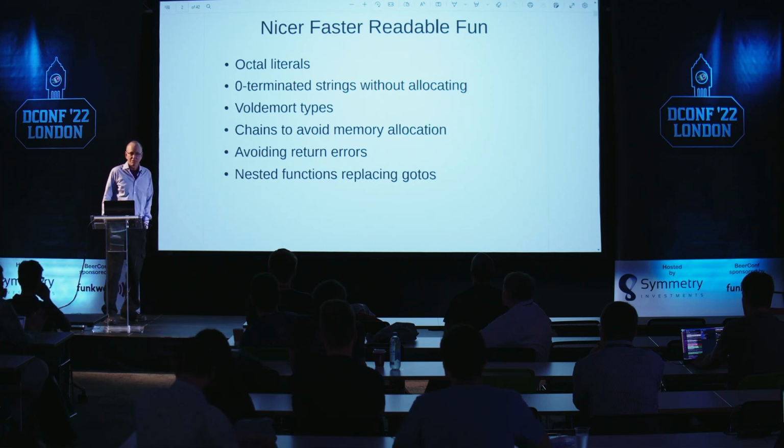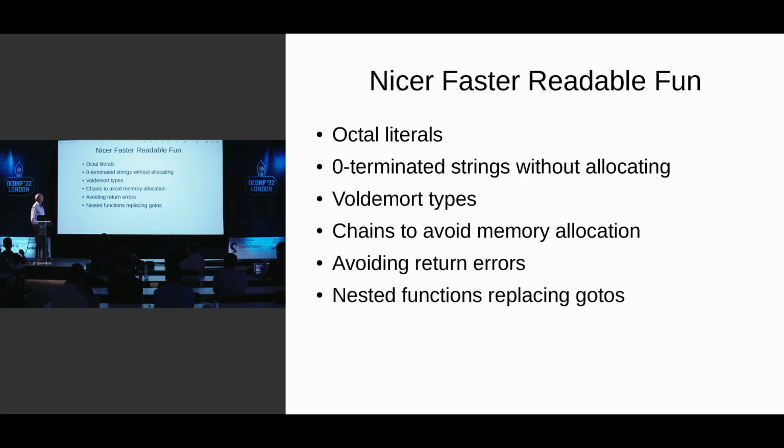So we have things like octal literals, how to do zero terminated strings without allocating any memory, which is fun. Voldemort types. Some of you already know about some of these things, but I still thought I'd collect them all together because I don't know who knows what.